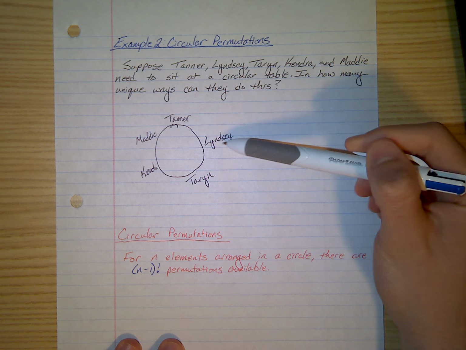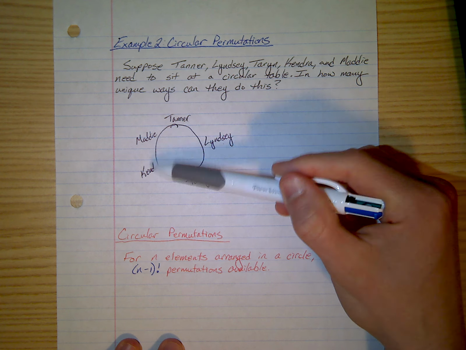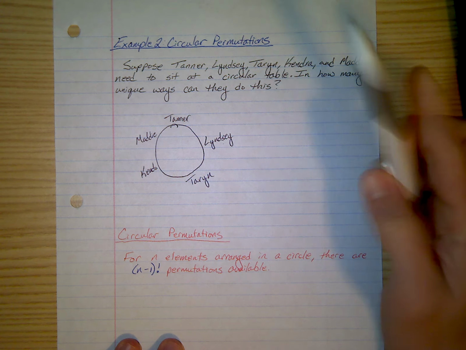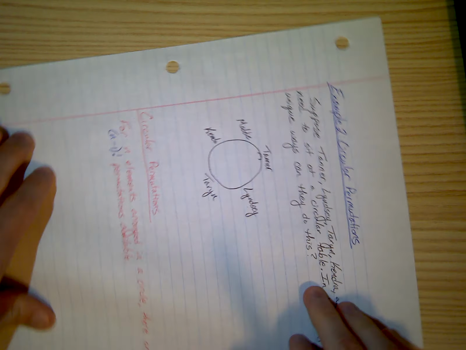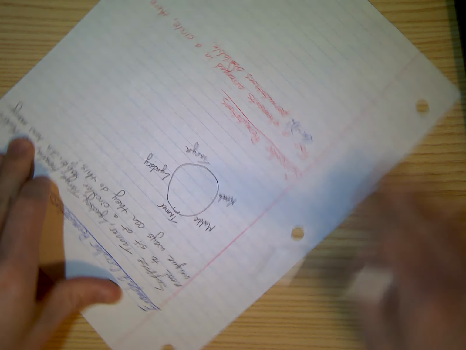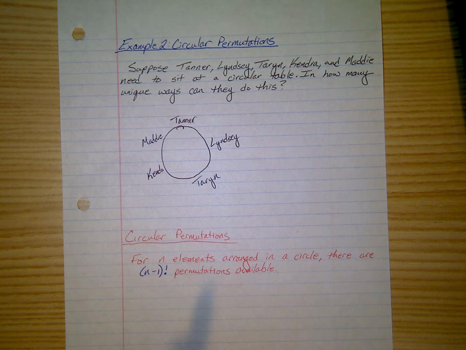If he's sitting next to Lindsay and Maddie, and Kendra and Taryn are in their positions, it's the same. It doesn't matter the orientation of the circular table. Like if you guys are sitting in this order, then it doesn't matter where you guys are around the table, but the order in which you are sitting is the same.